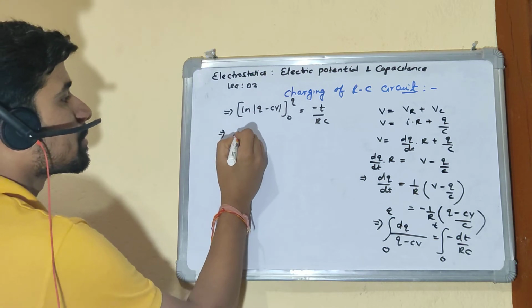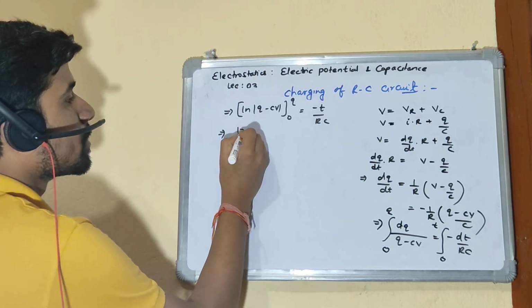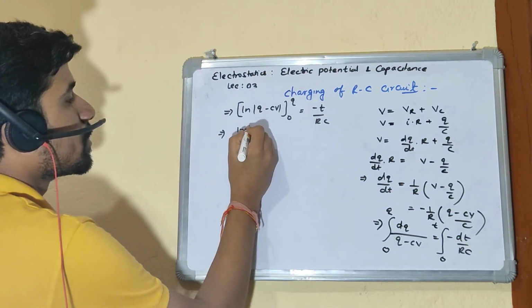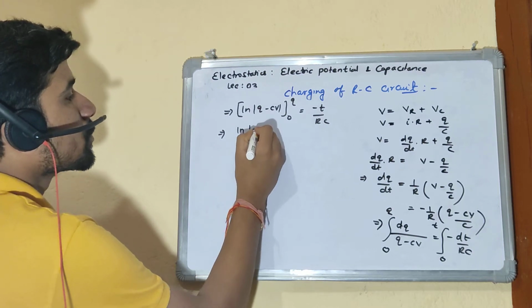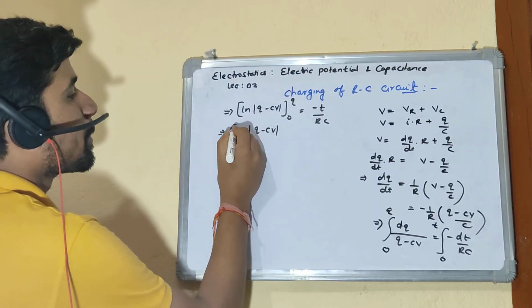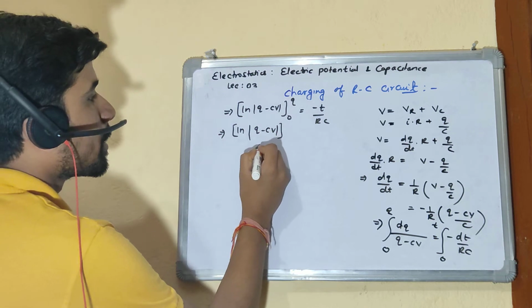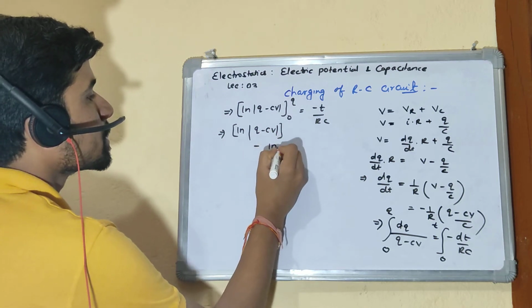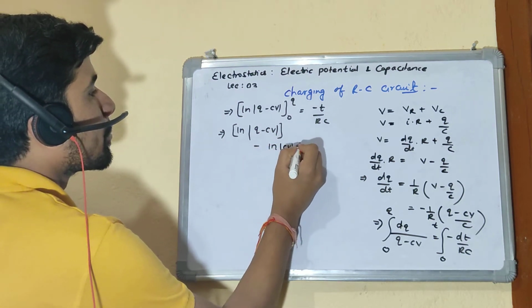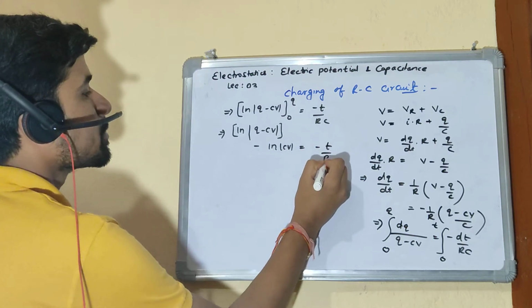Let's put the limit. ln of q minus CV minus ln of CV, this is minus t by RC.